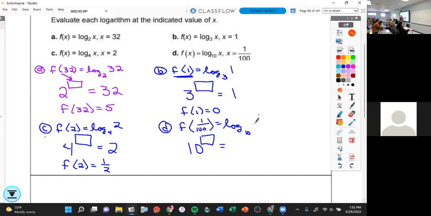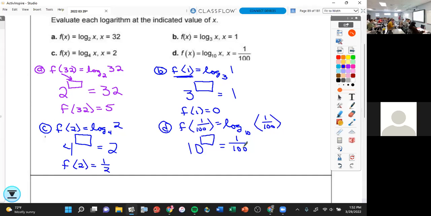That's supposed to be 1/100. Okay. So 10 to what power is going to give me 1/100? Negative 2 is correct. I'll talk about that in just one second.